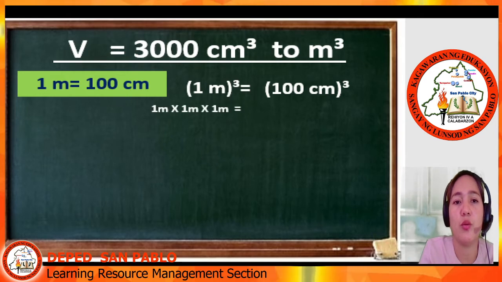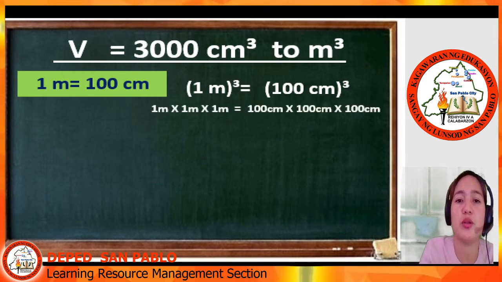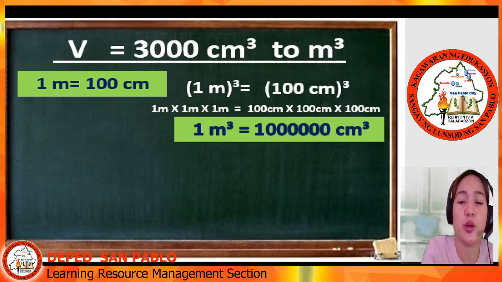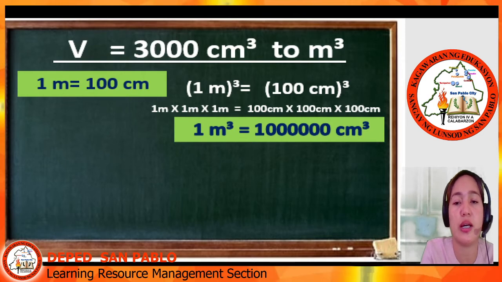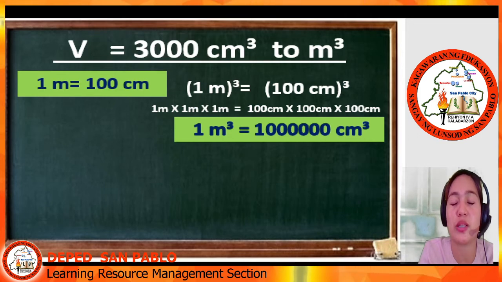So 1 times 1 times 1, and 100 centimeters times 100 times 100 centimeters. If you multiply both sides of the equation 3 times, you will have 1 cubic meter is equivalent to 1 million cubic centimeters.